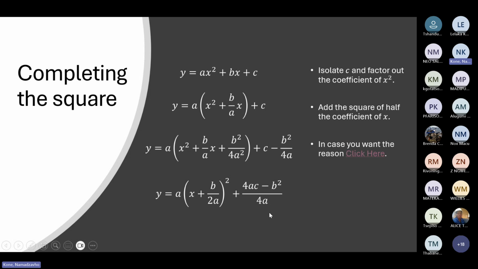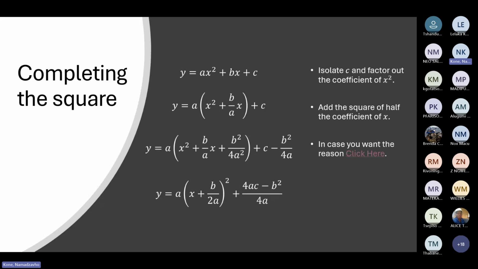Now, for those that are mathematics fundies, you will remember this. Quadratic equations have three versions. The first version is the normal version of the quadratic function, y equals ax squared plus bx plus c.